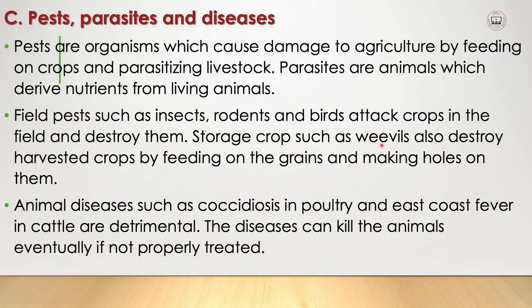Storage pests such as weevils can also destroy harvested crops by feeding on the grains and making holes. And also animal diseases such as coccidiosis in poultry and East Coast fever in cattle are detrimental. The diseases can eventually kill the animals if not properly treated.